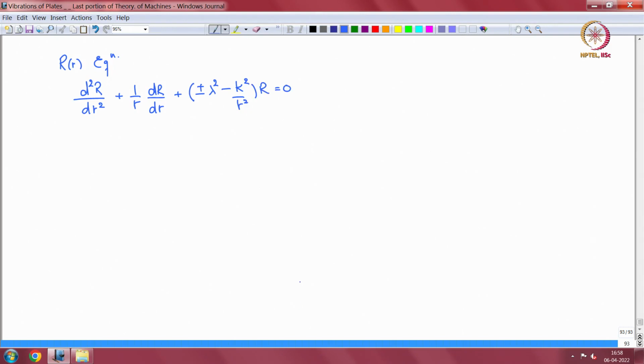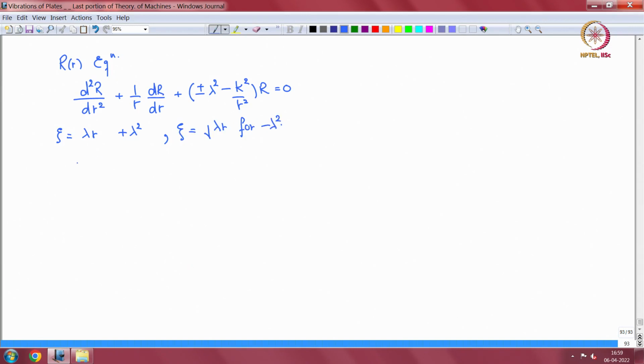We said xi will be lambda r for plus lambda square and xi will be j lambda r for minus lambda square.